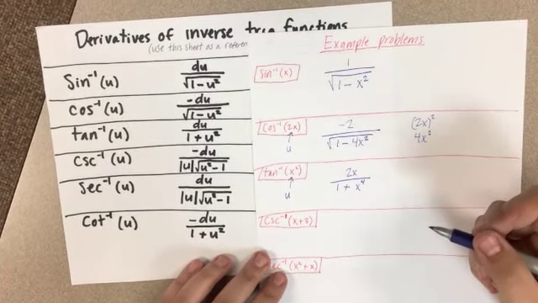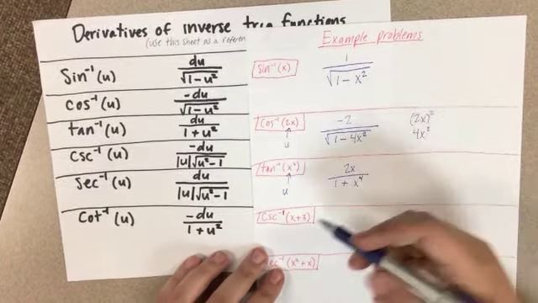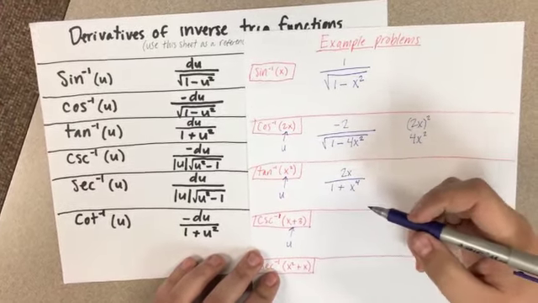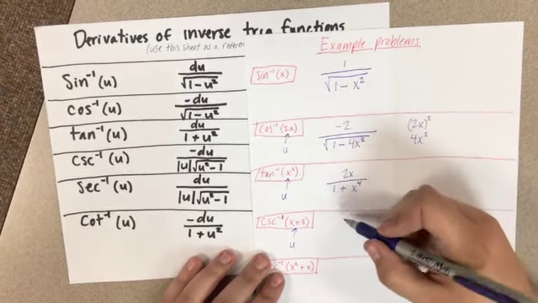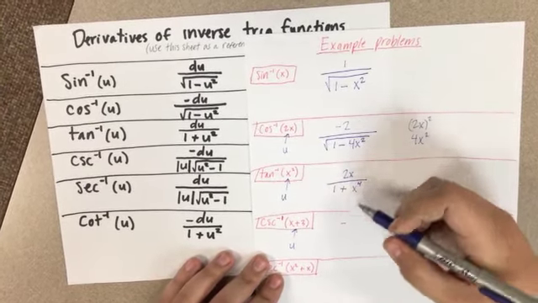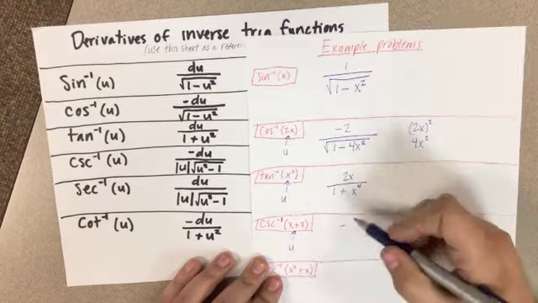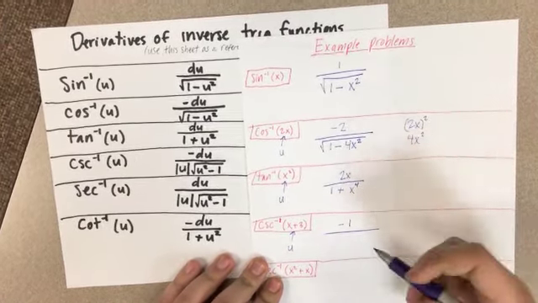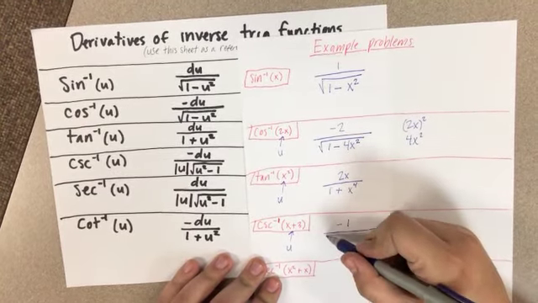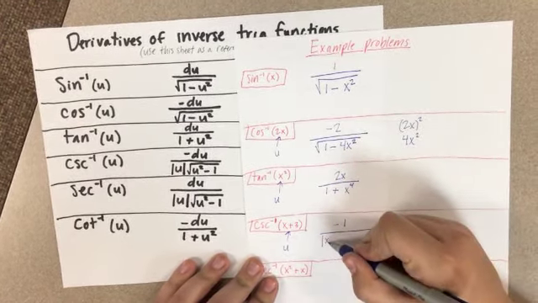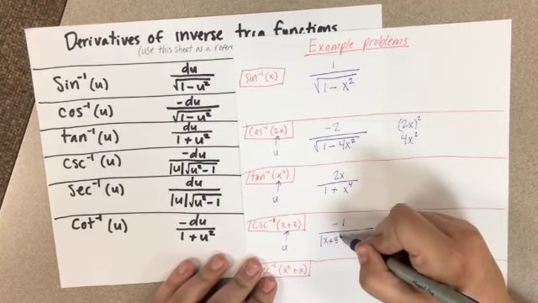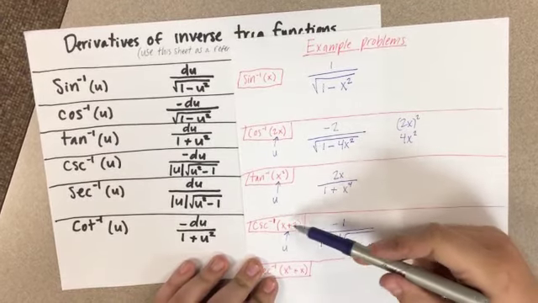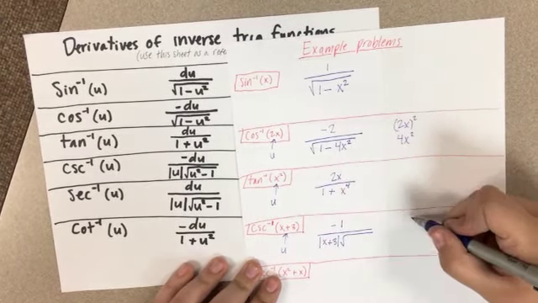Fourth, inverse cosecant of x plus 3. So here's the u. And inverse cosecant, remember it's negative since it starts with a c. It'll be the negative derivative of u. So the derivative of x plus 3 is just 1 over the absolute value of u, so absolute value of x plus 3, times the square root of u squared. So you might have to do a little bit of foiling here.